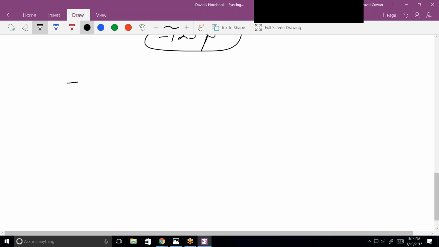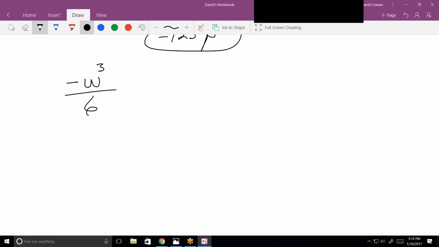Negative w to the power of 3 over 6, in parentheses, and then out of parentheses, negative 2. Like that? Exactly? Yeah.